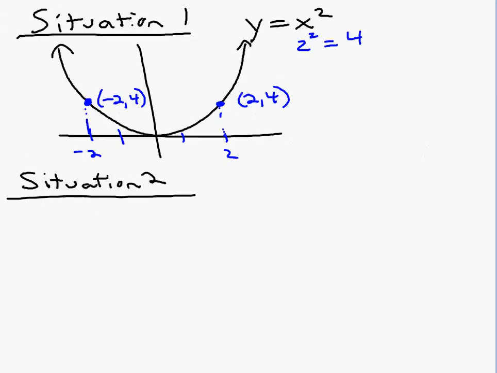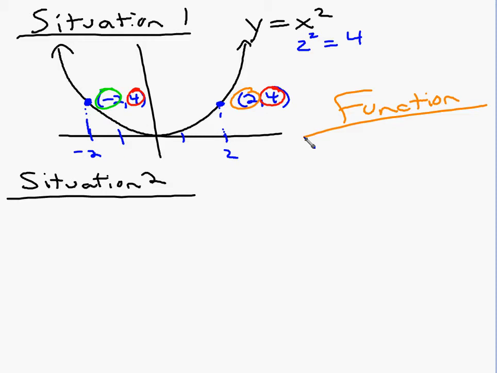Well, that's exactly what we've got going on here. I have this single y value matched to two different x values. That's okay. This right here is a function. And that is totally okay for us to have that.